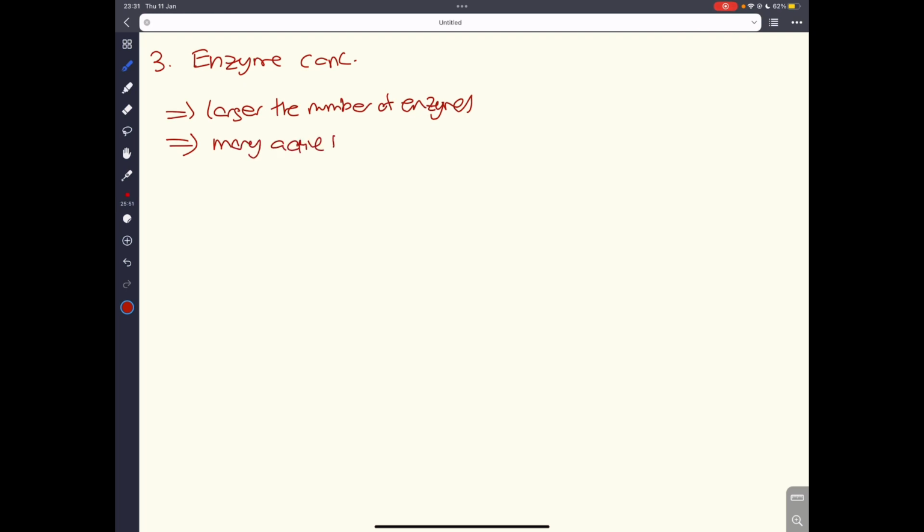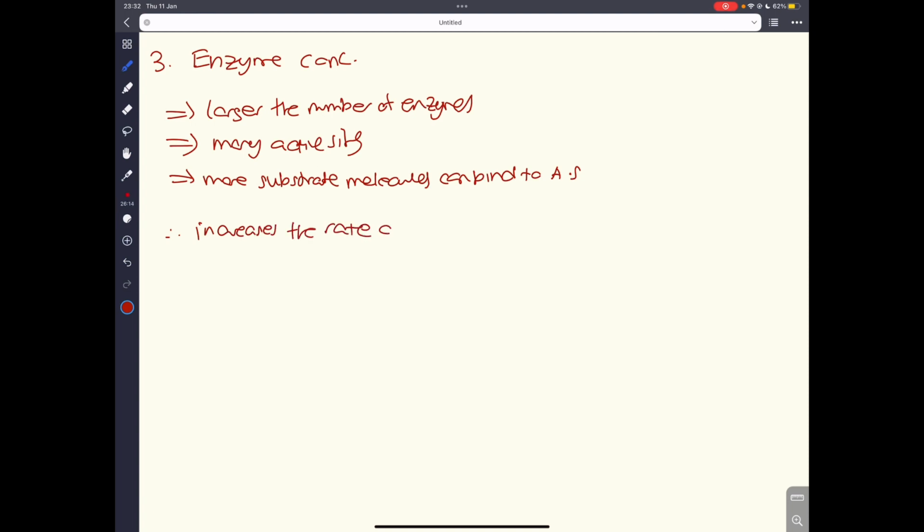This means that more substrate molecules can actually bind to the active sites of the enzymes. So therefore, this increases the rate of enzyme activity.